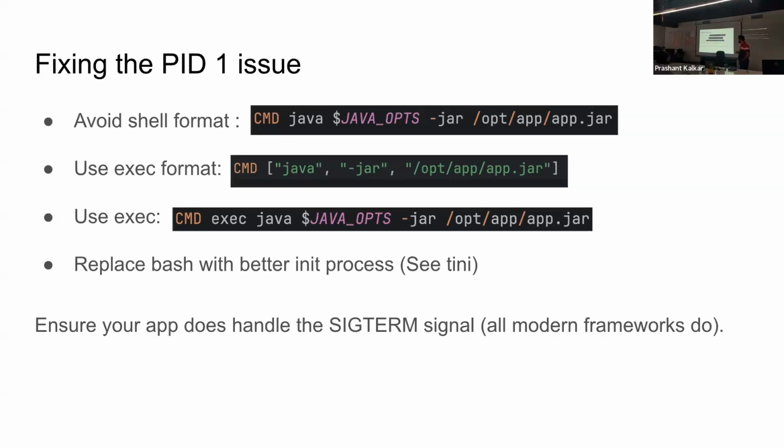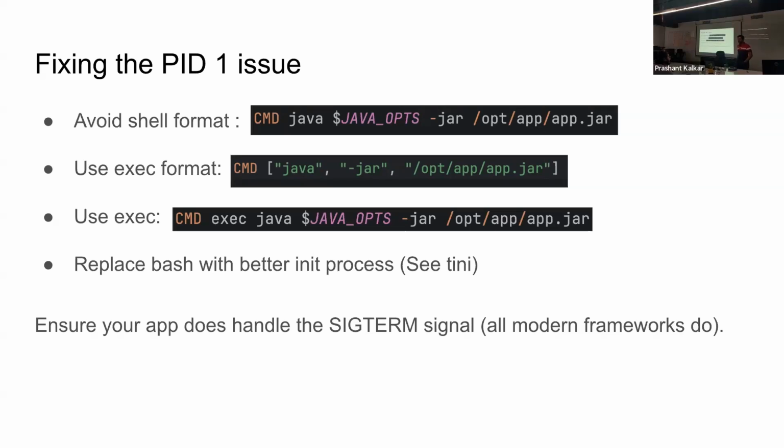Another option is to use an init process that is designed for the container init kind of thing. So it is designed to be PID one. One example is something called tini, which is used by some containers or some Docker images that are publicly available.